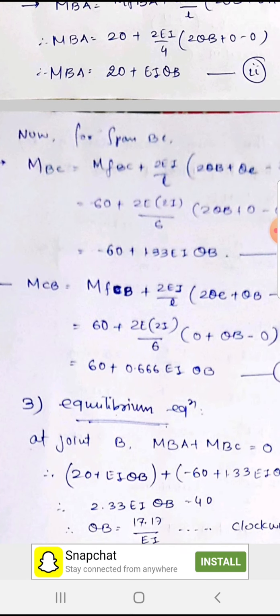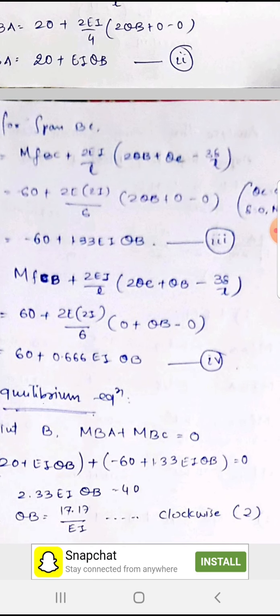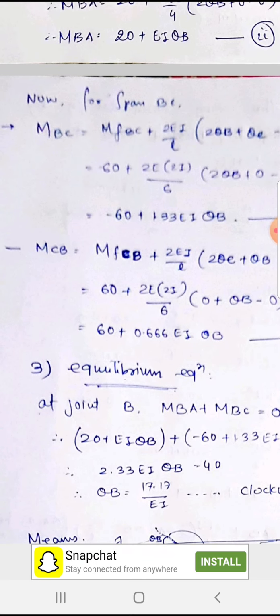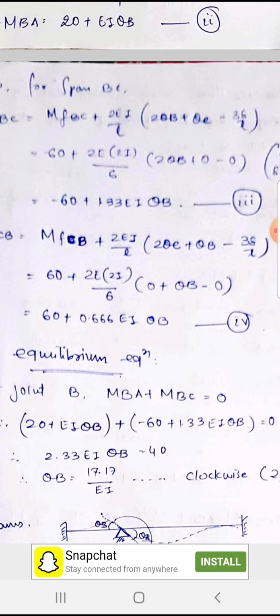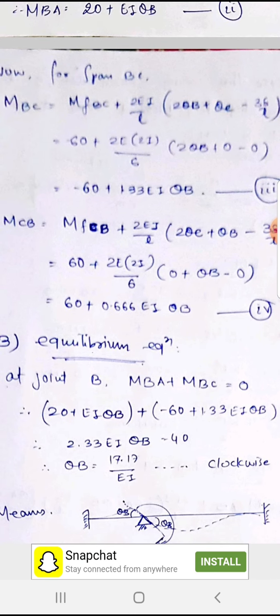So we get minus 60 plus 1.33 EI theta B. That is our equation number 3. Now for moment from C to B, the equation is MCB is equal to MFCB plus 2 EI upon L, 2 theta C plus theta B minus 3 delta upon L.